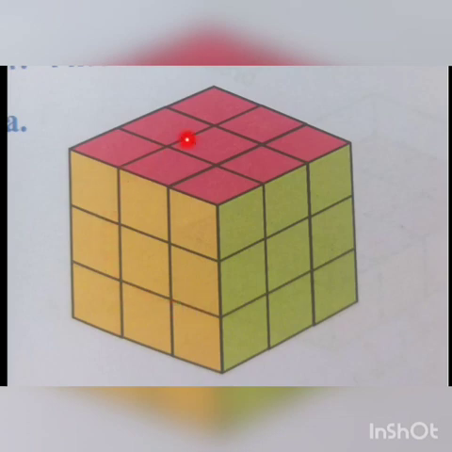Now, let's find the volume of this cube by counting the number of small cubes. See, this big cube is divided into many small cubes. So, we can find out the volume of this cube by counting the small cubes in this cube. That is, here you have 1, 2, 3. So, when you see lengthwise, we have here 3 cubes. Here 1, 2, 3. Again here also 3. Then when you see the height, 1, 2, 3.